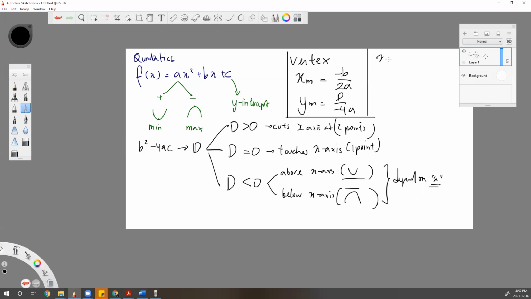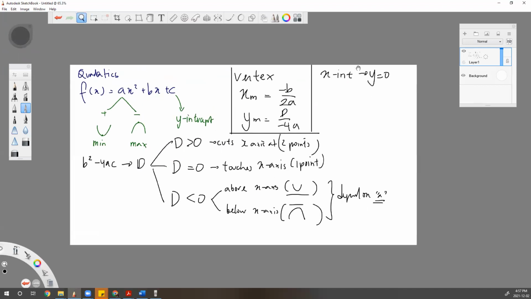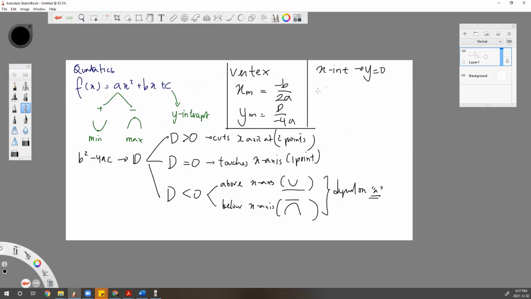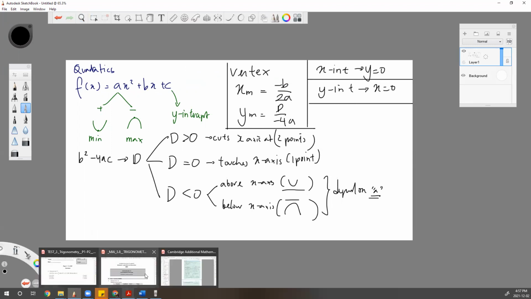And what else? X-intercept. X-intercept is where y equals 0. Memorize this basic rule because it touches the x-axis, so no y at all. And the y-intercept is where x equals 0. Okay, so this is the basics. Again, this is oversimplified.